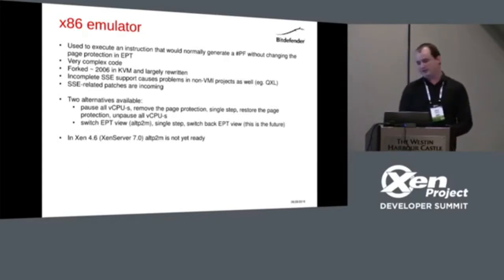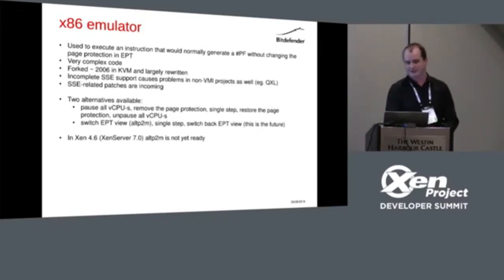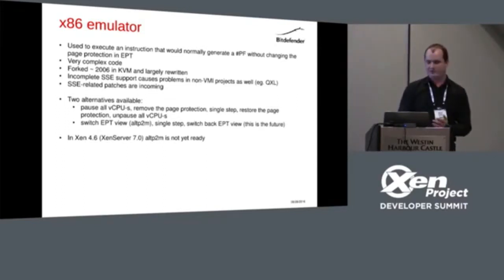All right. So, but as I said, we are using Xen 4.6, so we're looking at a number of alternatives. The first one is a complete hack. Pause all vCPUs, remove the page protection, single step, put the protection back, unpause and resume.